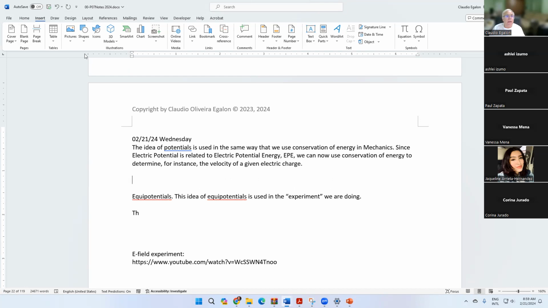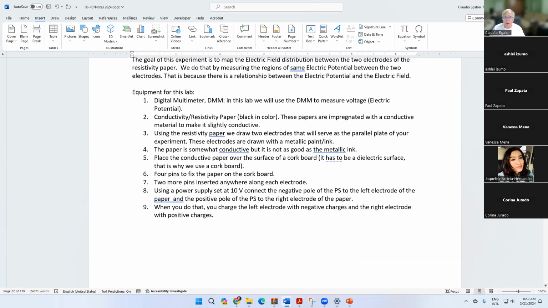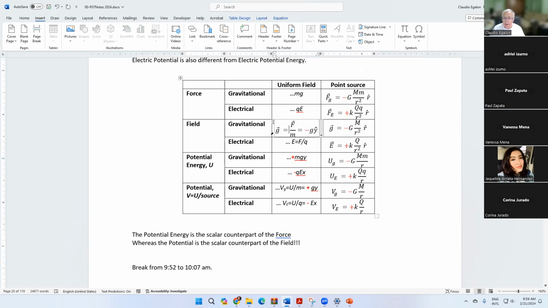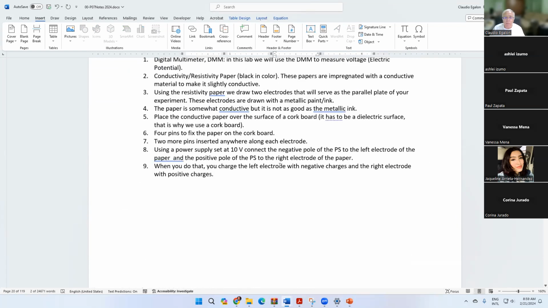I'm going to do a quick example here for you so you have an idea how we can use this idea of electric potential.